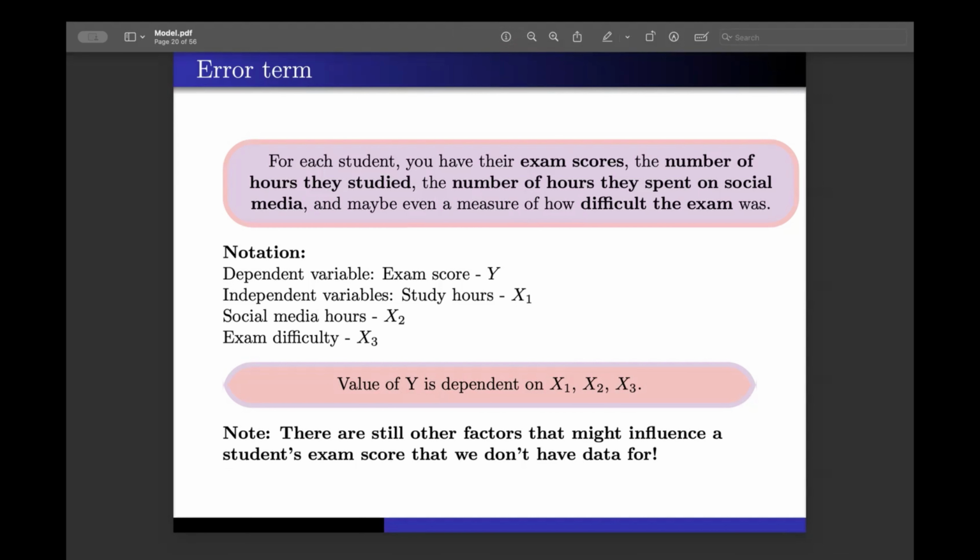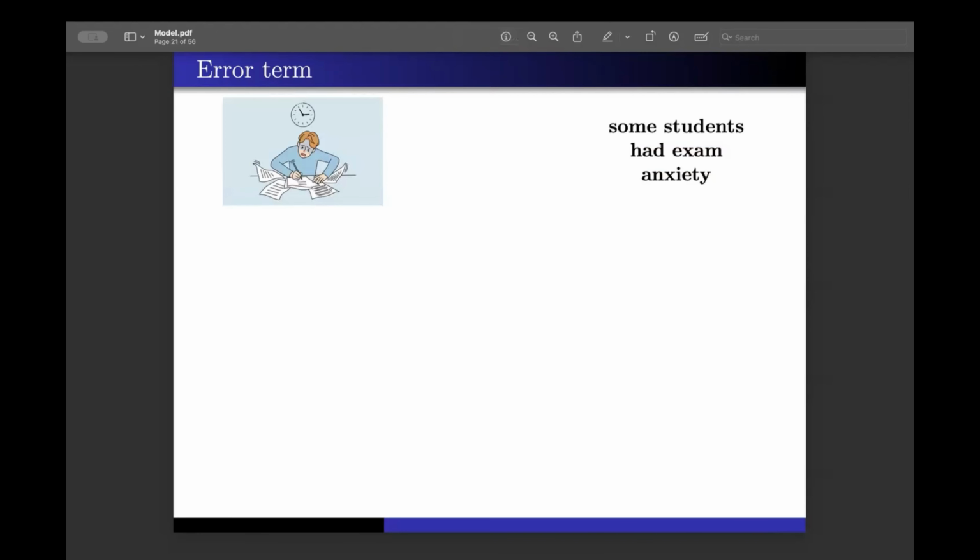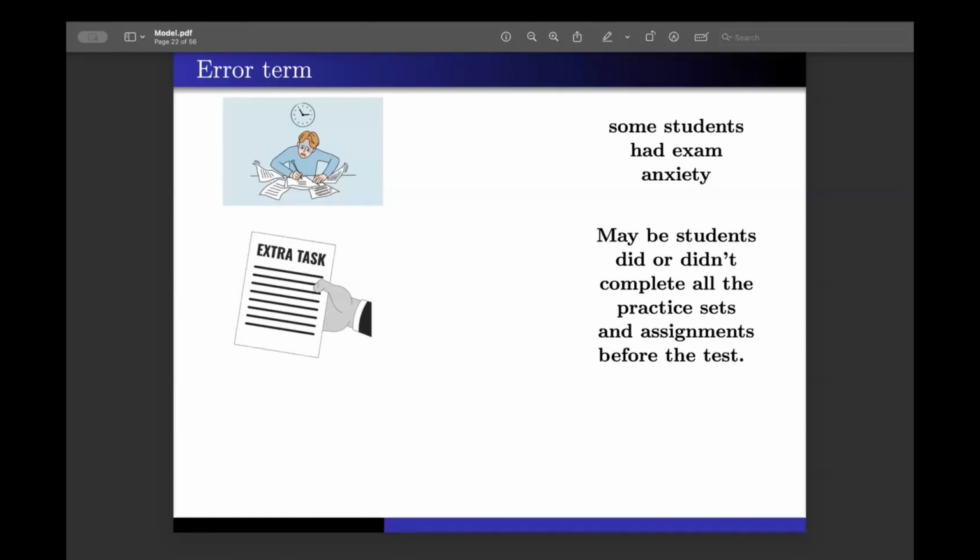But we don't have much information about all those other factors. For instance, say some student had exam anxiety during the exam. If they are anxious while they are taking the exam, they might not be able to perform well in the exam. Maybe the students did not complete all the practice sets or assignments before the test.